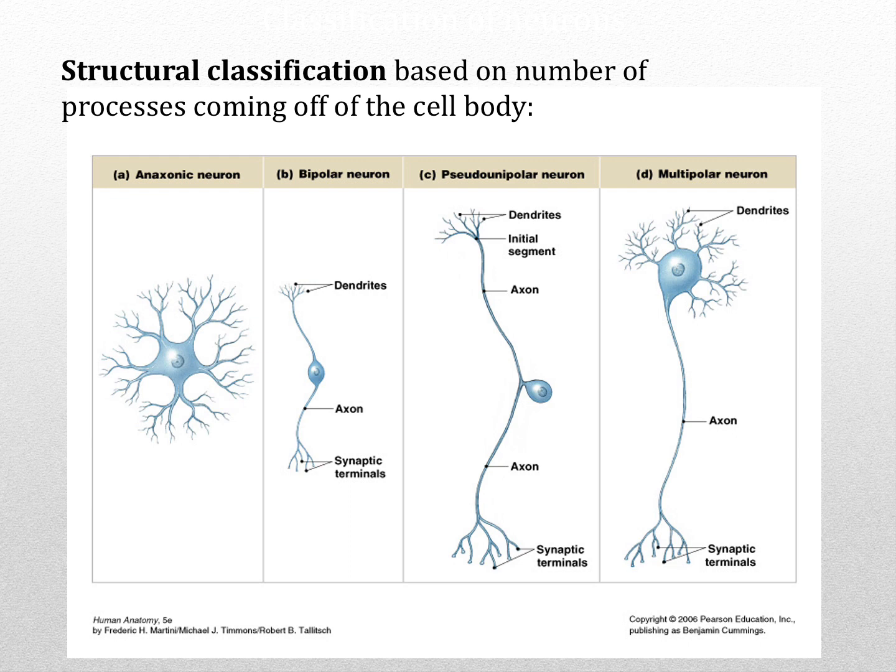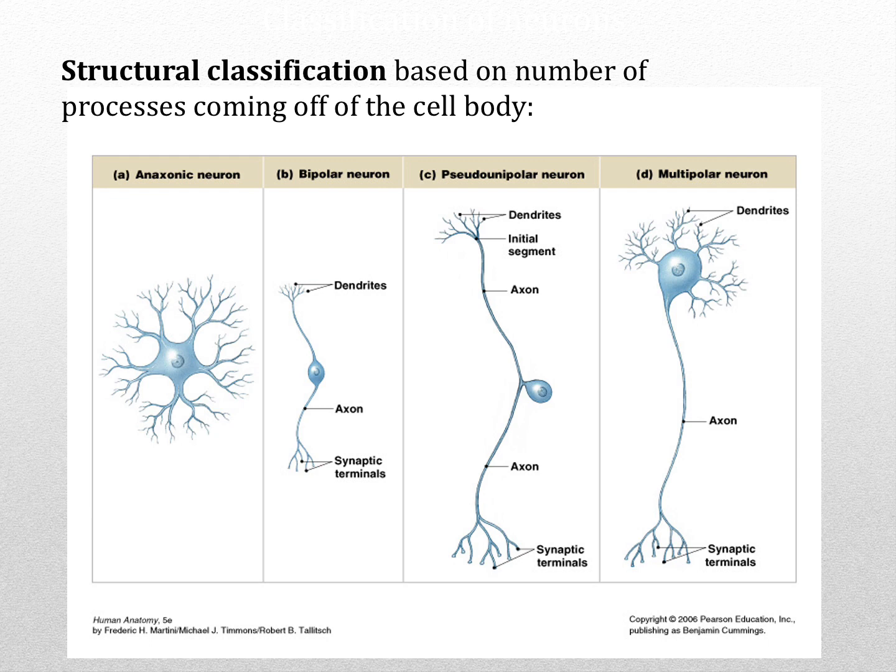Actually, when you look at this neuron, you just can't differentiate between the dendrites and the axon. It does have an axon, but we don't know which process is which. So we call it the anaxonic neuron, and I'll go into more detail on a future slide.